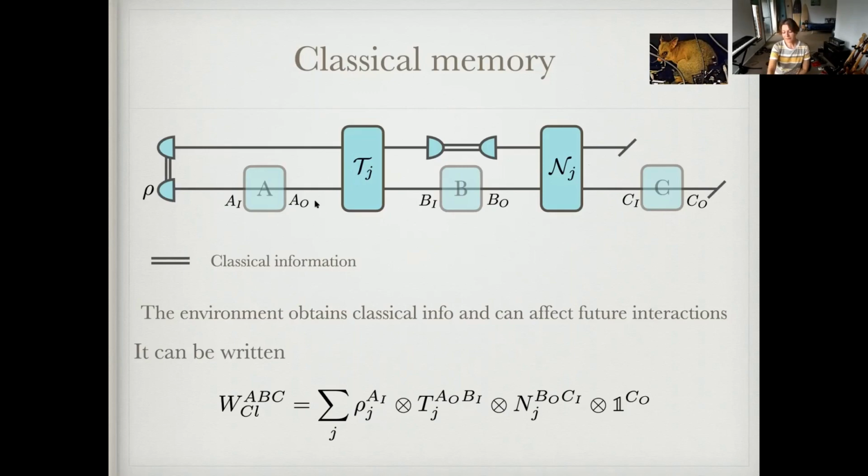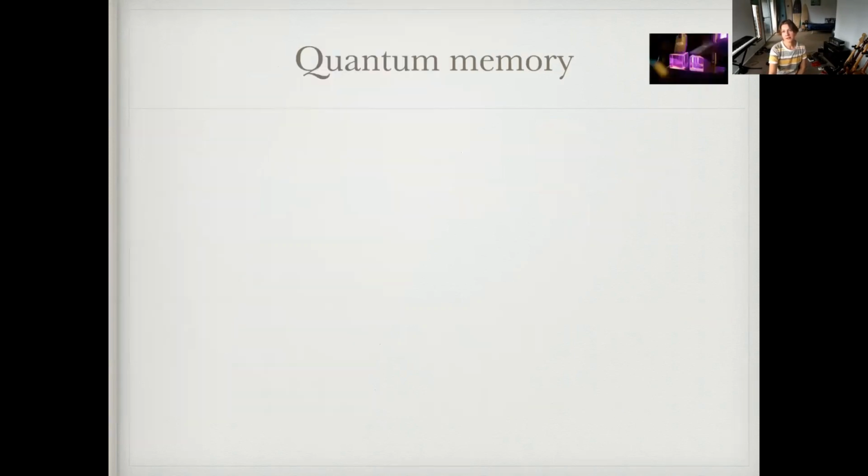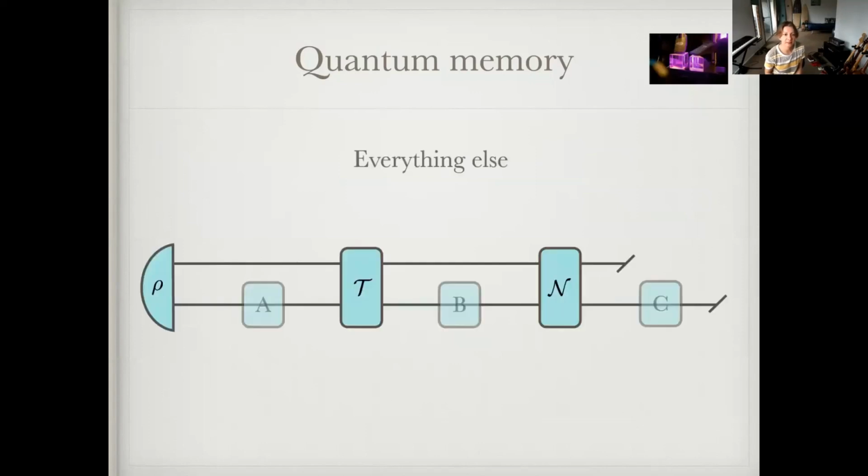All right. So now let's see how we can talk about the quantum memory. We can't really say anything, we just say that it's everything else. So a process matrix that cannot be written as a Markovian one, the tensor product of all the different things, and cannot be written as one with classical memory, would be a process matrix with quantum memory.